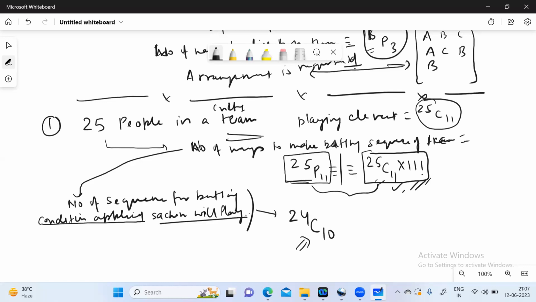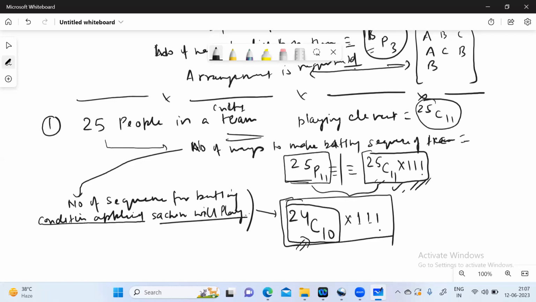Once you get the number of teams, you will work out their batting sequence, which will be 11 factorial only. Is everyone getting my point?